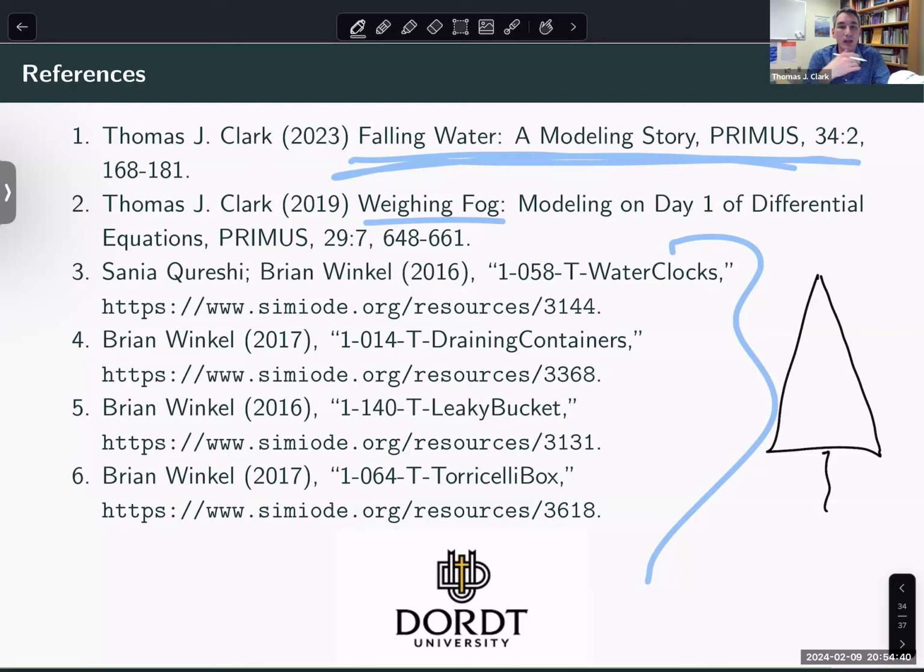I'm trying to think, and I think it's the water clocks, where you try to find what is the shape of a container that would drain at a linear rate? I've given that one as a project before, where I make the students figure that one out on their own. I thought maybe you could 3D print it, but I think it would be difficult to do.